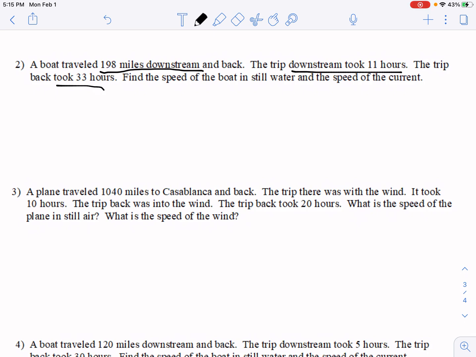Now, what we want to find is the speed of the boat. If there were no current, what would it be in still water? And then what is the speed of the current that's either helping us going downstream or impeding us going upstream? Okay.